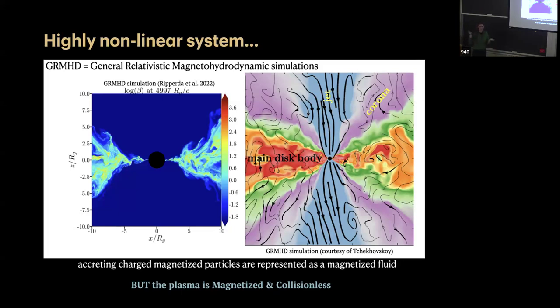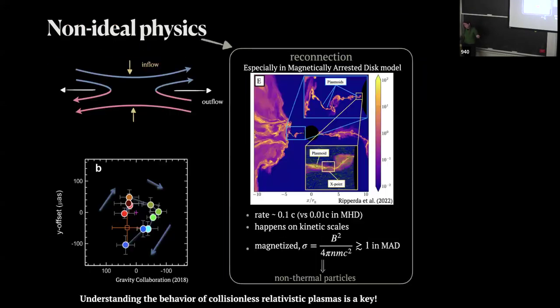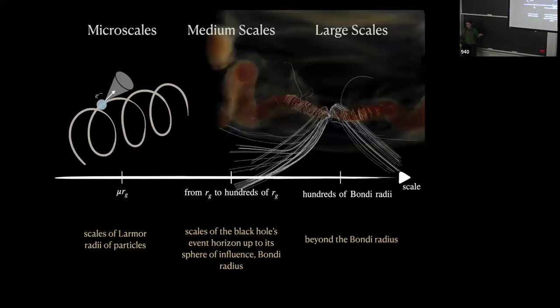In SANE, there is less magnetic field and it can't produce powerful jets. So we think we need a lot of magnetic flux to produce the powerful jets that we observe. But generally, a magnetically arrested disk is any model with sufficiently large magnetization, sufficiently low plasma beta.